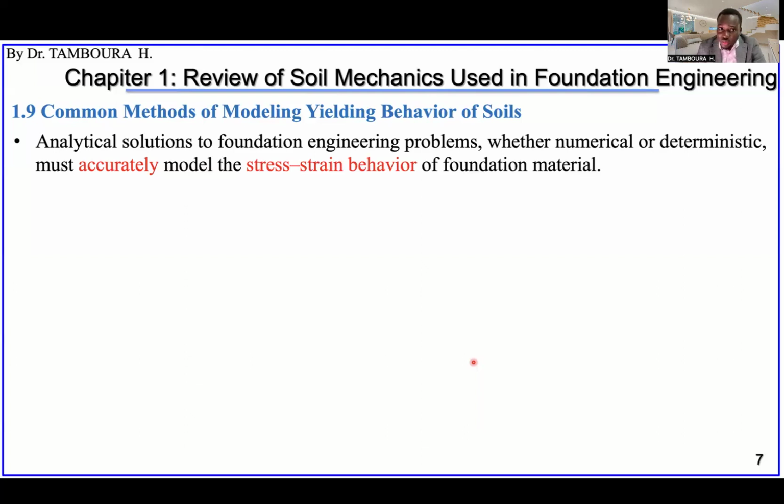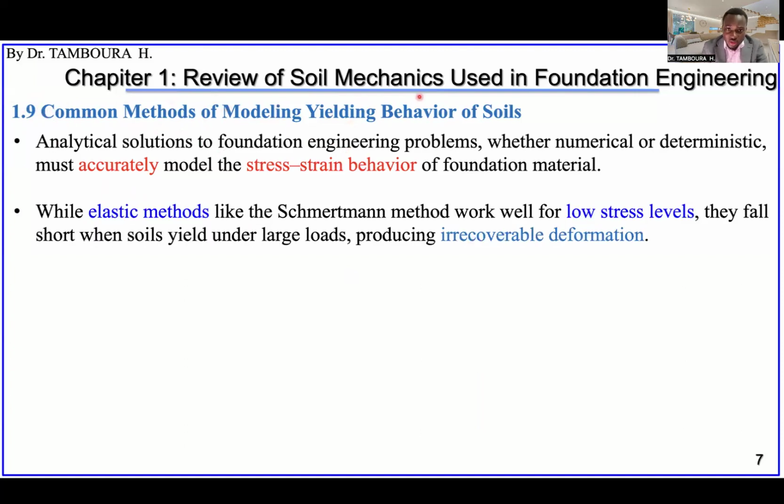Okay, so the solution to any engineering problem must accurately match the stress-strain behavior of the foundation material. That is a very important point, and that is the core of this point number 1. So the relationship between stress and strain.